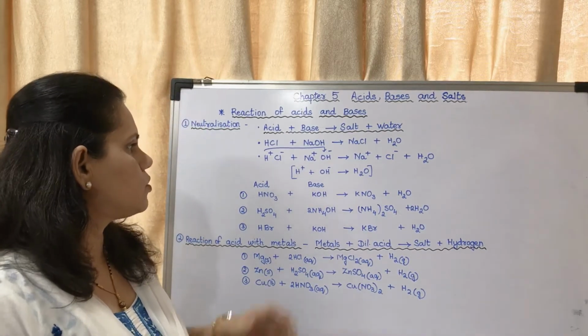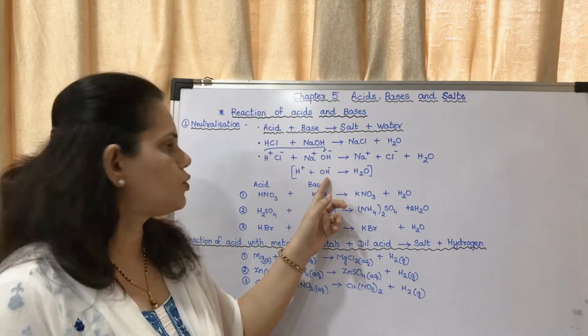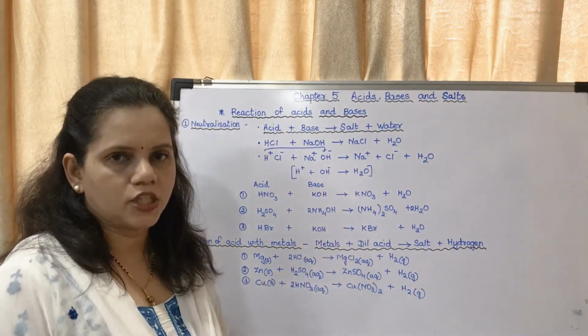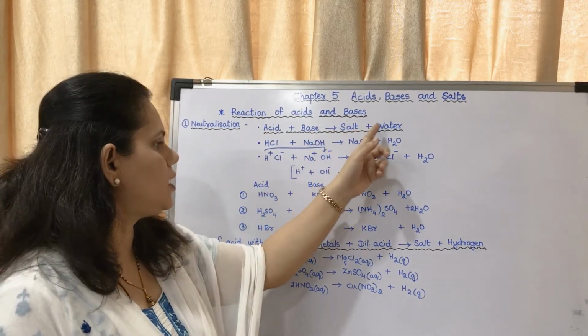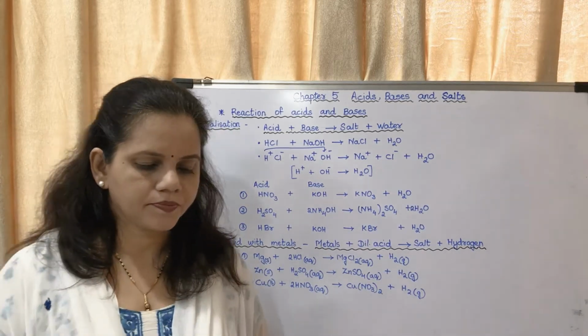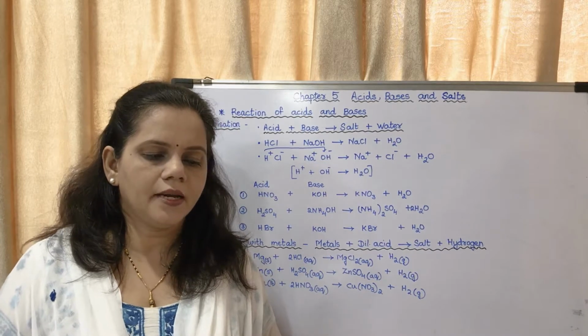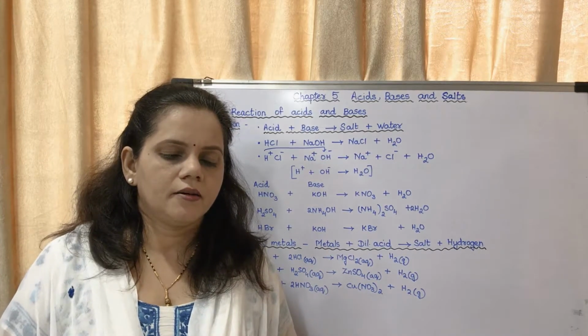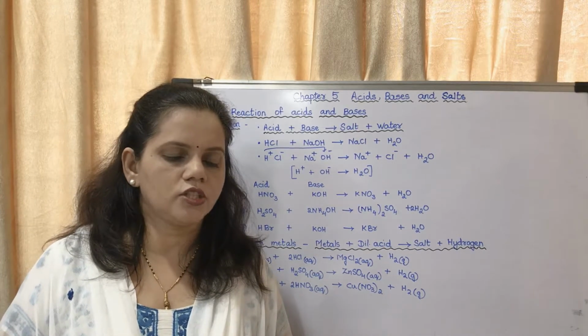So what is the basic reaction? H plus ions combine with OH minus ions to form H2O. So an acid will react with a base to form salt and water. Now you may see on page number 65, second paragraph, both HCl and NaOH dissociate in their aqueous solutions.